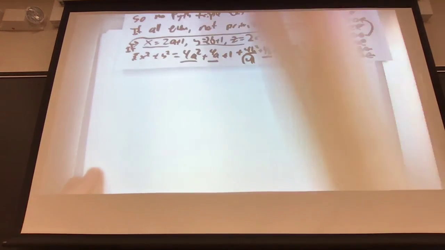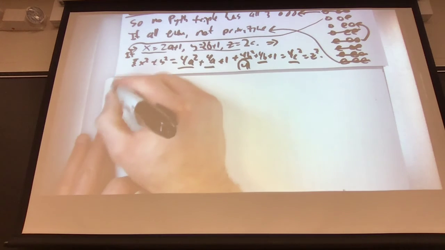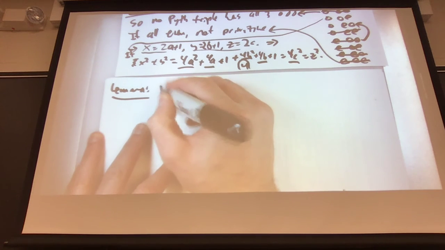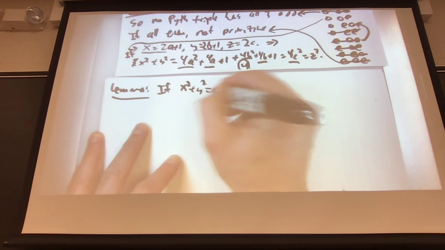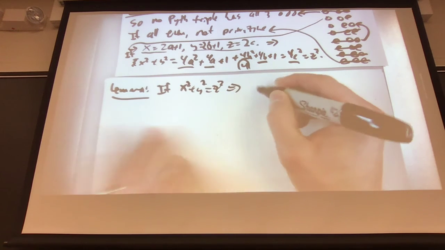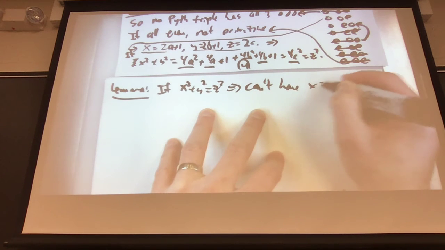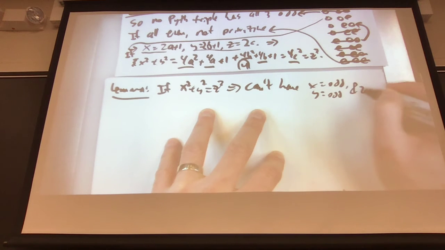Let's just say that formally. Let's call this a lemma. If x squared plus y squared equals z squared, then we can't have x odd, y odd, and z even.